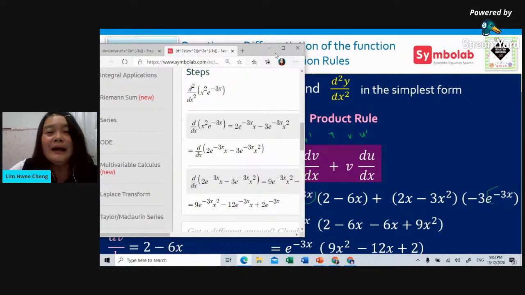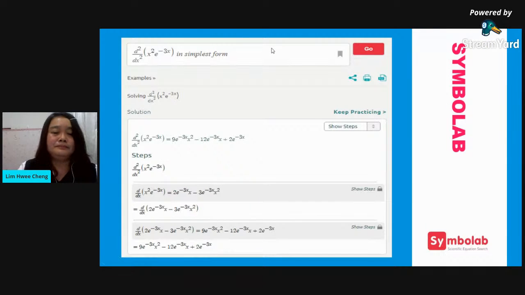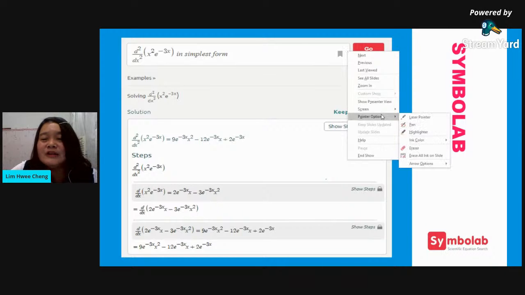I have tried one command. I just start with this, I do the second derivative in the simplest form. It also understands what I said, so it will do it like what we got, but without factorization. We will do until here, so what you need to add on is just one extra step.